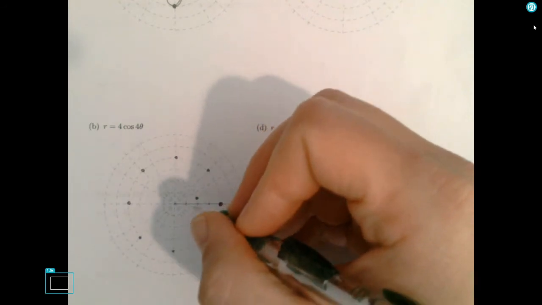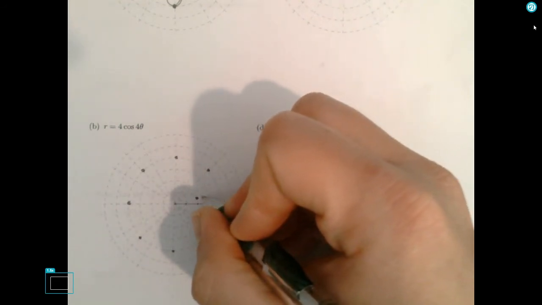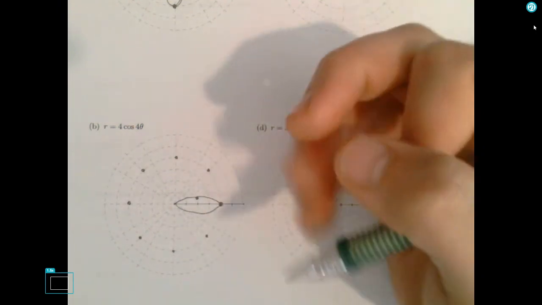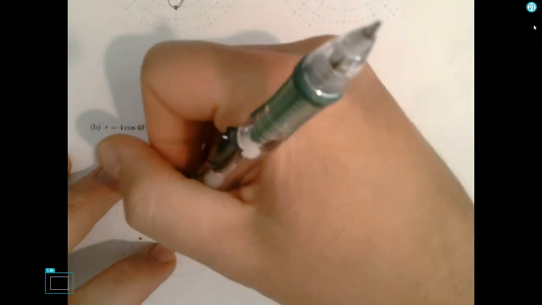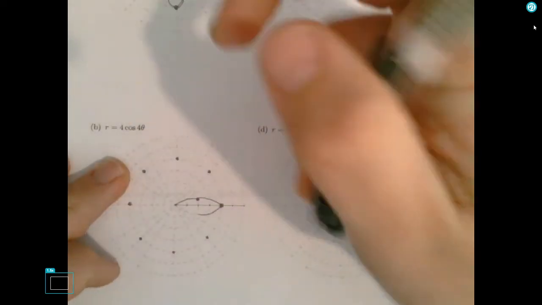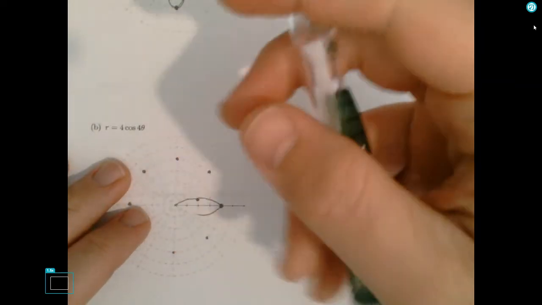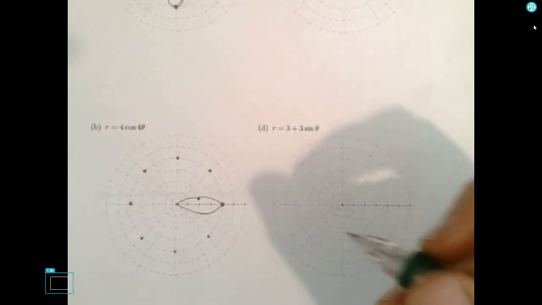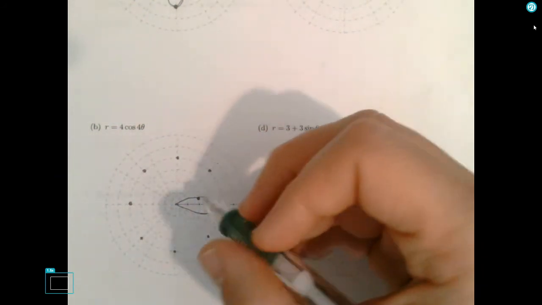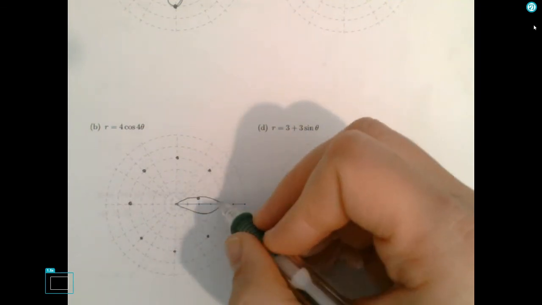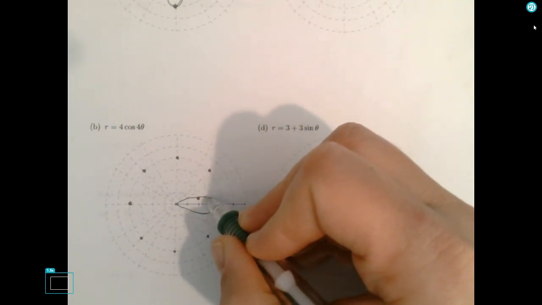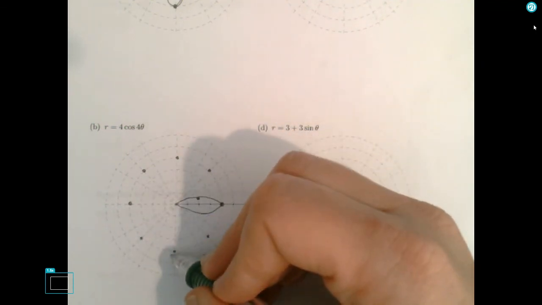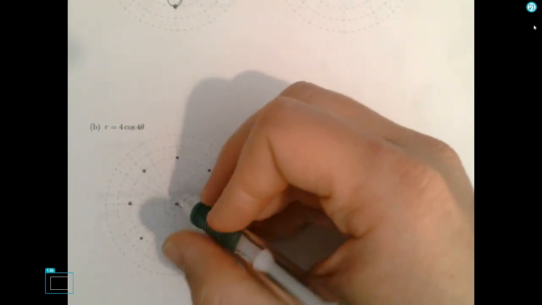Anyway, moral of the story is this. It's got to look something like that. And it doesn't cross pi over 6 because, like I said, it's 0 at pi over 8. So these petals are really, really skinny. Oh, and I don't know what the trajectory is. I think what happens is you start here and you come around and then you go down maybe? I don't know, but it doesn't matter.